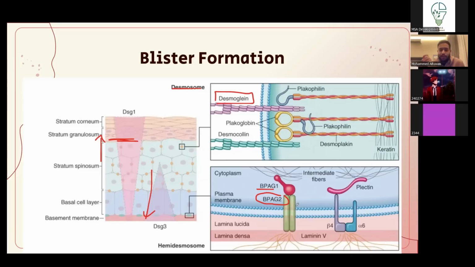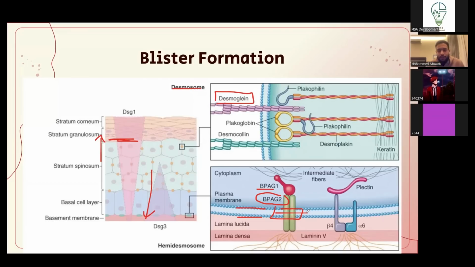BPAG2 is the main component of hemidesmosomes. If you really think about it, this is the epidermis, this is the dermis. What's between them? This BPAG2. If something cuts or affects BPAG2, you'll have separation of the epidermis and dermis. That's what affects the hemidesmosome. What disease is associated with a defect of hemidesmosome?